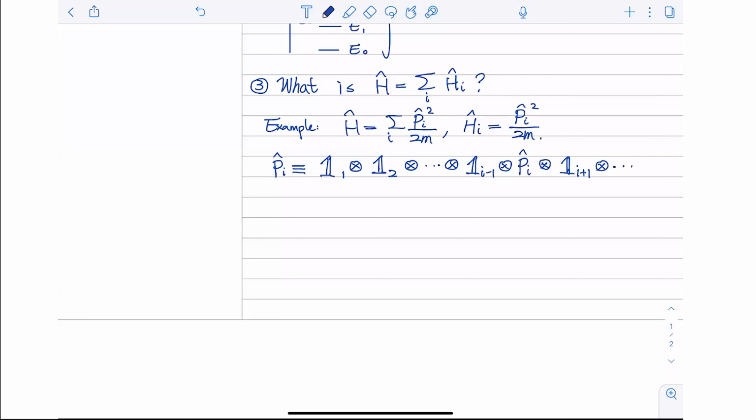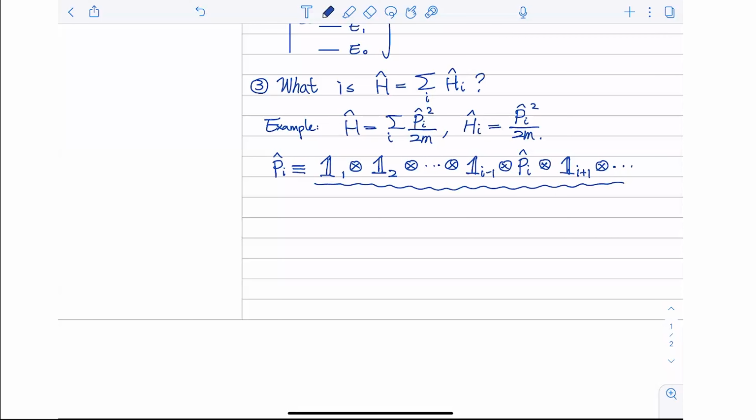Usually we are lazy, so we just write p_i. But a more accurate mathematical expression for this operator is this huge expression. Okay. So what does that mean?